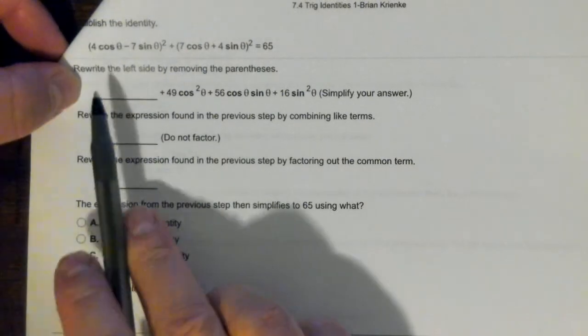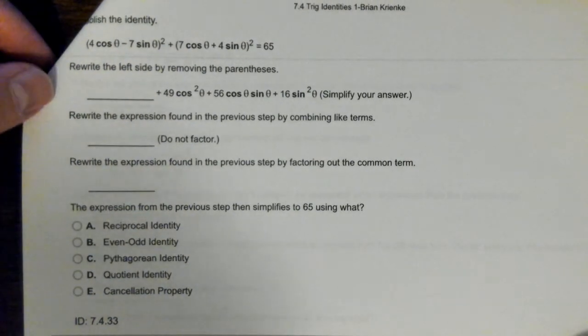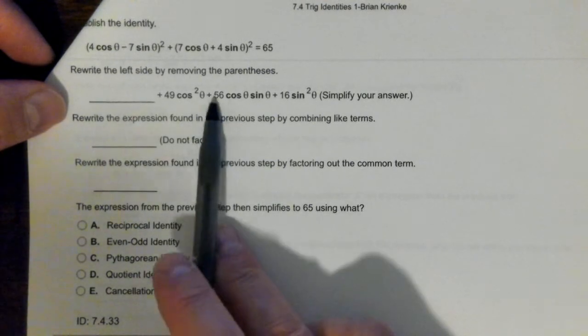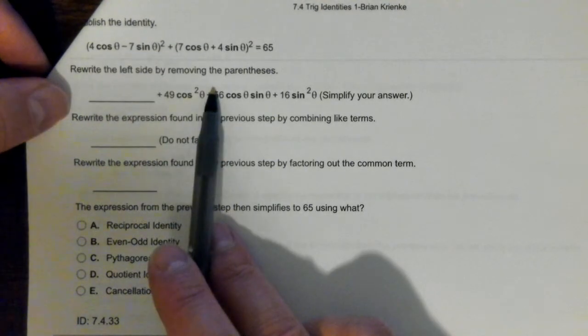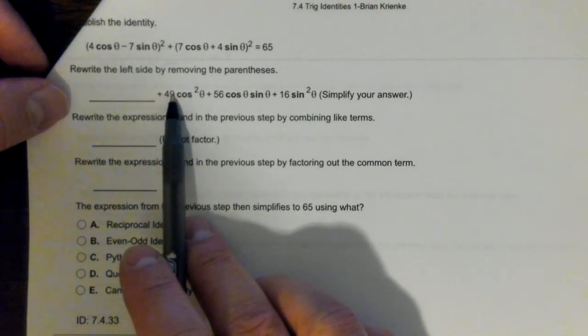Okay, on our next one, we have 4 cosine minus 7 sine squared plus 7 cosine plus 4 sine squared equals 65. So it says rewrite the left side by removing the parentheses. So they basically want you to expand it.